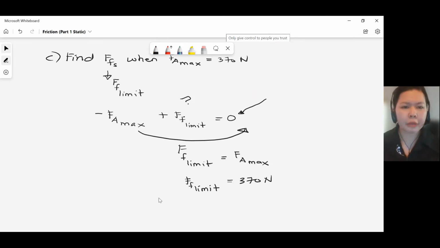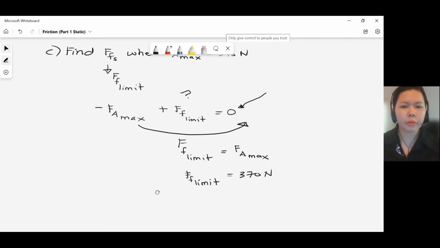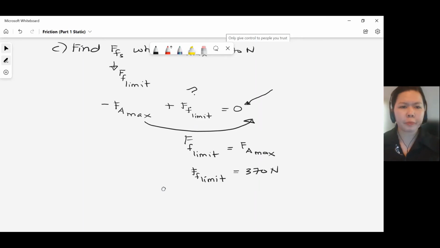Now that we have the FF limit, we can solve for the mu s, or the coefficient of static friction. And this is what we are to solve in letter D.